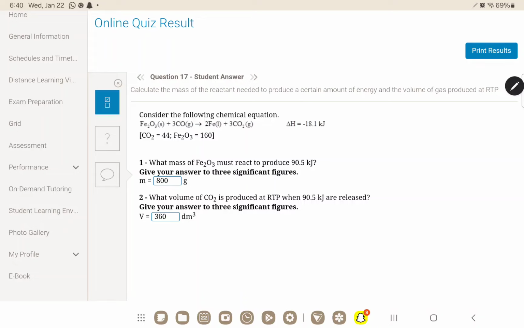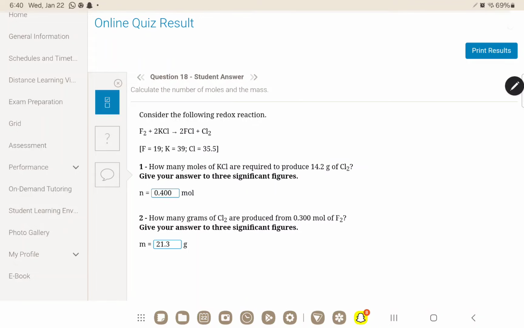Now, moving on to the next question. So next question is asking us how many moles of KCl are required to produce, again, RRGR. So how many moles of KCl? Here you have 2 originally, to produce 14.2 grams of this.